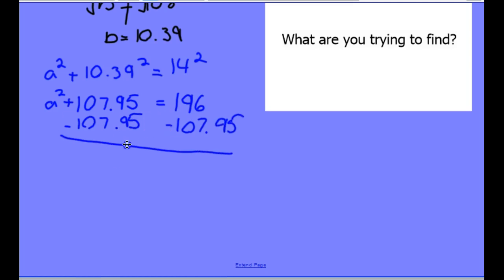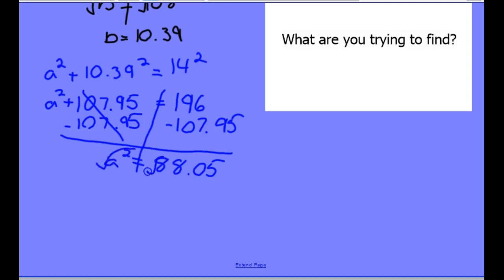And what we're left with, after we get rid of those, is 196 minus 107.95, 88.05. So a squared equals 88.05.